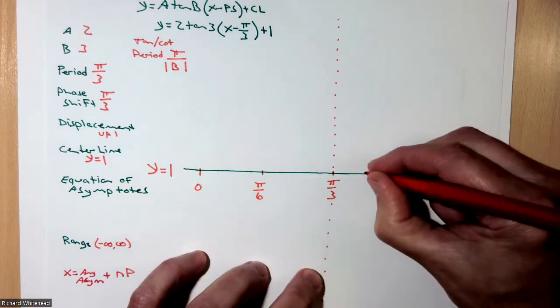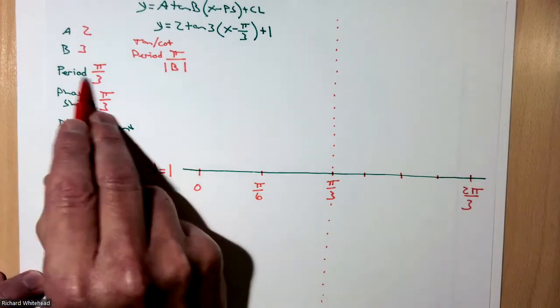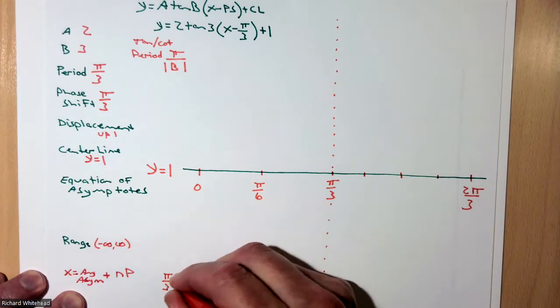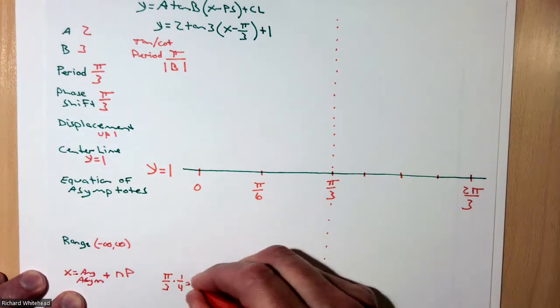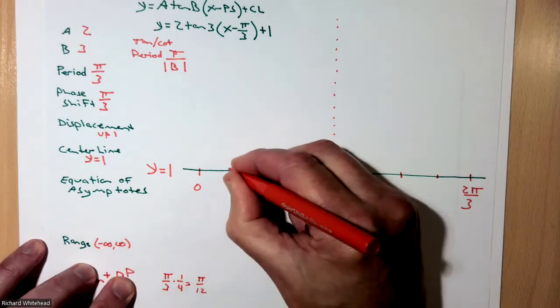This one's actually easier to do if you do it in terms of twelfths. See, the period's pi over 3. We know we're chopping it into fourths, so that would be pi over 12. So every one of these increments should be pi over 12.